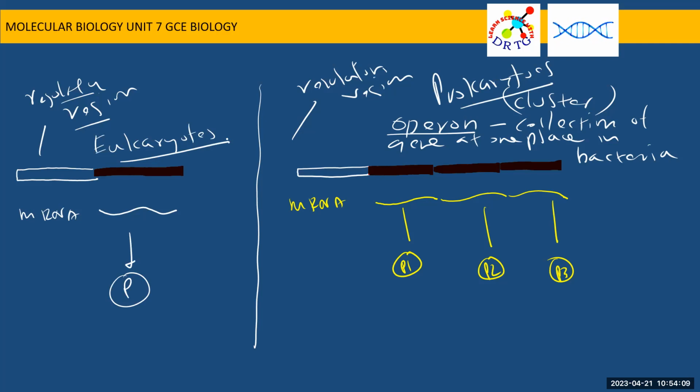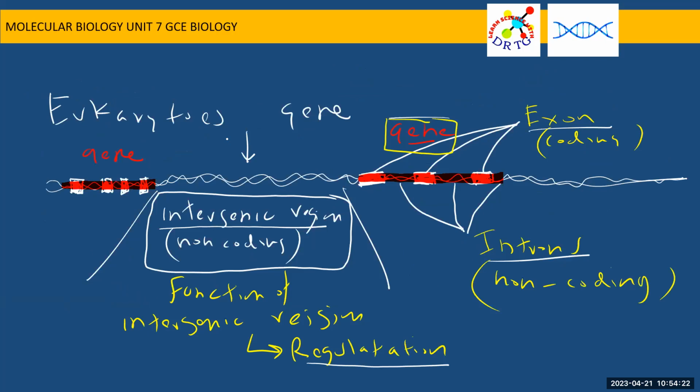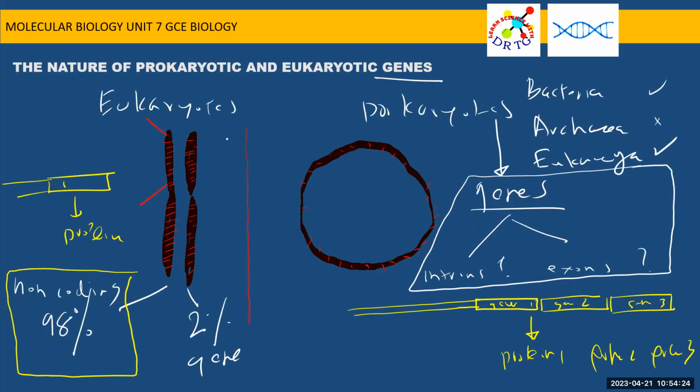So here again, we learned the expression of genes, or organization of genes, in eukaryotes and prokaryotes. Okay, so this is done. The nature of prokaryotic and eukaryotic gene expression is also completed.